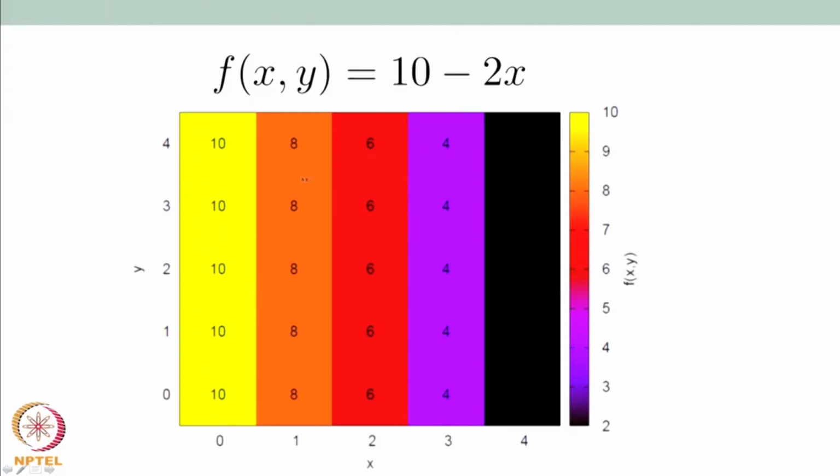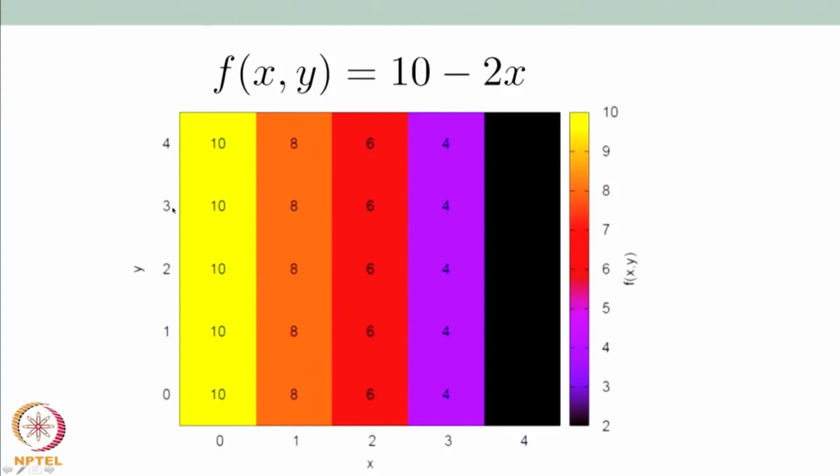Now consider the next one. When x is 1, as we showed, 10 minus 2 times 1 is 8. So 8 corresponds to some kind of reddish color, slightly orangish red. So when x is 1, the value is 8 everywhere, independent of y again.